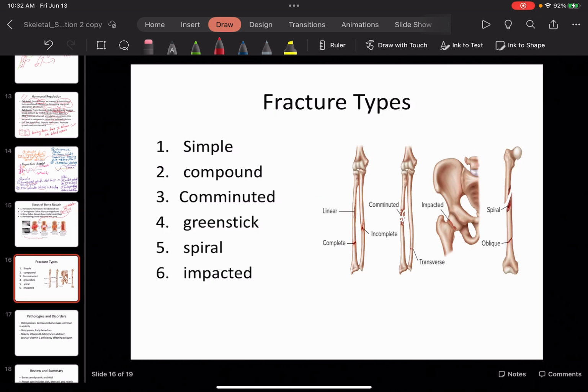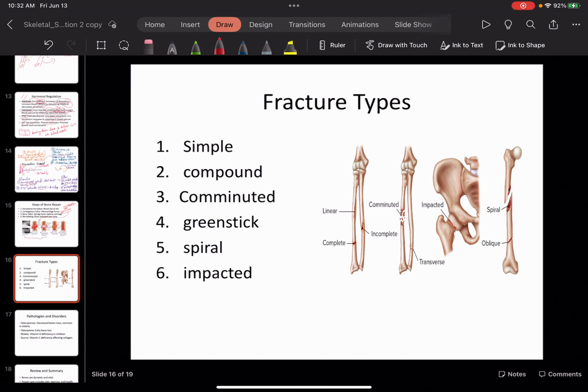This one we're going to talk about the different types of bone fractures. It's easy to get a fracture, especially if you have osteoporosis and conditions like that. So there are different types. One is simple. Simple is actually closed: the bone breaks without piercing the skin, just a closed break.